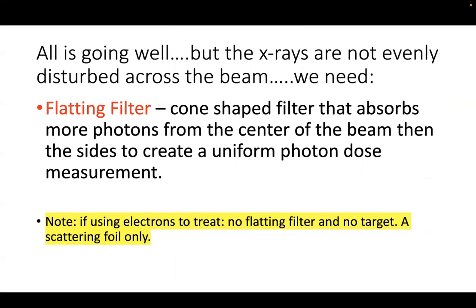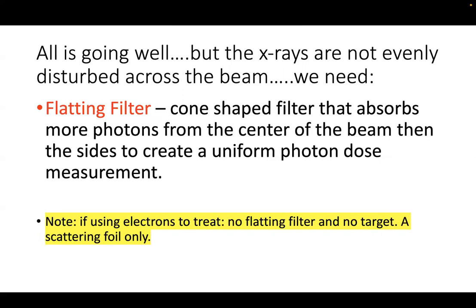Okay, so now everything is going well, but before the photons hit the patient, we want to evenly distribute the photons across the beam. We want to harden the beam. So a flattening filter is a cone-shaped filter that absorbs more photons from the center of the beam than the sides to create a uniform photon dose measurement.